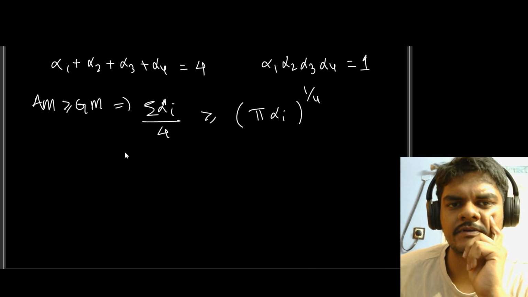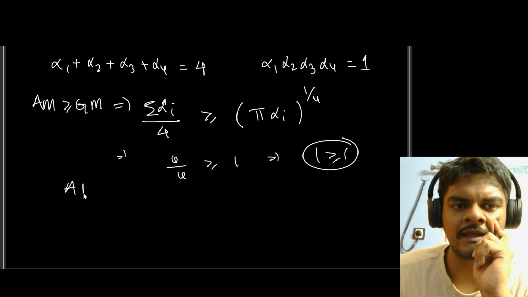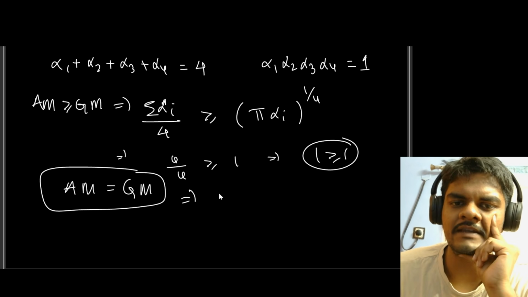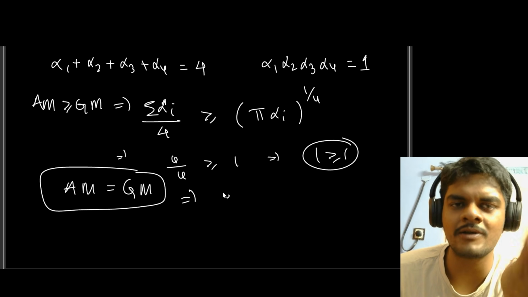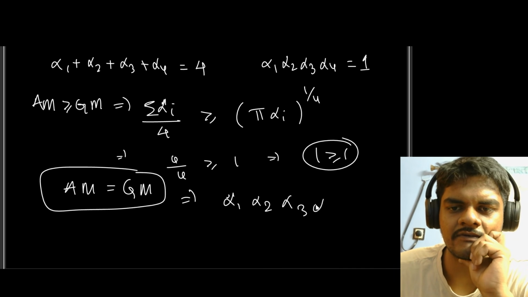Okay. So this will imply that 4 by 4 is greater than or equal to 1, which means 1 is greater than or equal to 1. So basically, AM is equal to GM. That will mean that all the terms are same: alpha 1, alpha 2, alpha 3, alpha 4 are all equal.